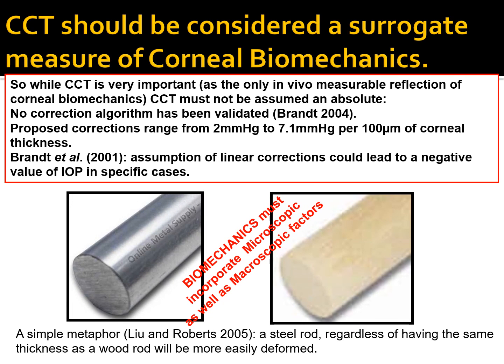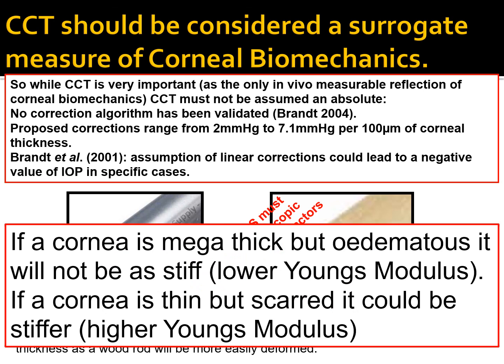And Liu and Roberts have a simple metaphor for this. They say, you know, you might have a steel rod and a wooden rod, and they might be both the same thickness, but the wood rod will be more easily deformed than the steel rod. So it's the microstructure of the actual thing that we're measuring that really plays a role, not the actual thickness, but the thickness reflects it to some extent.